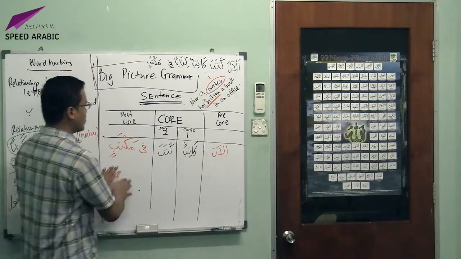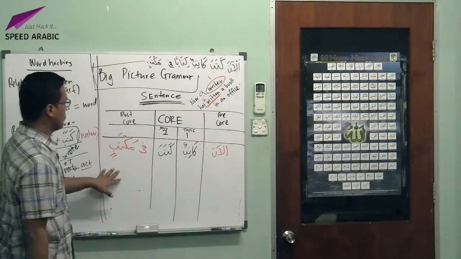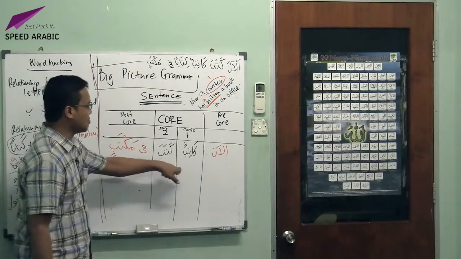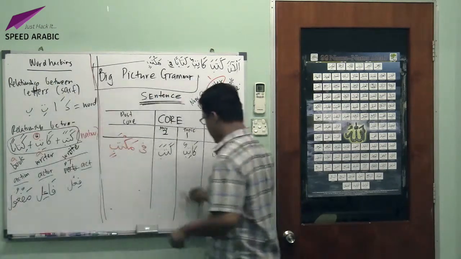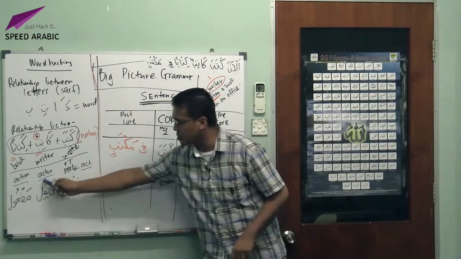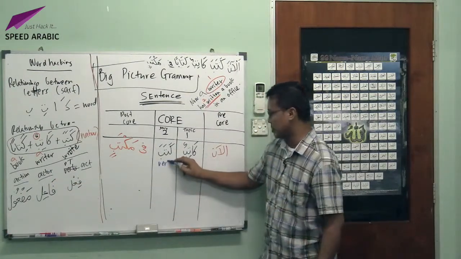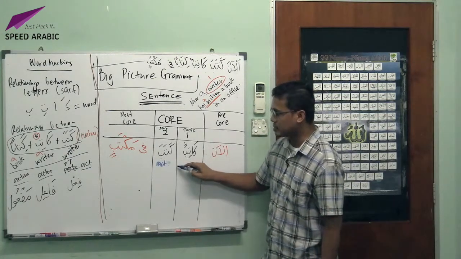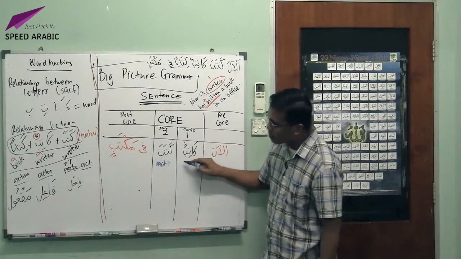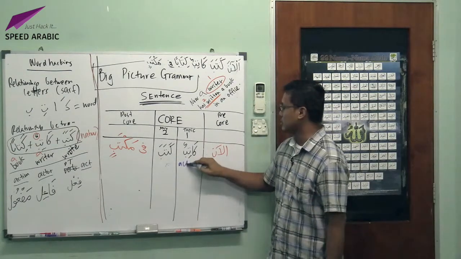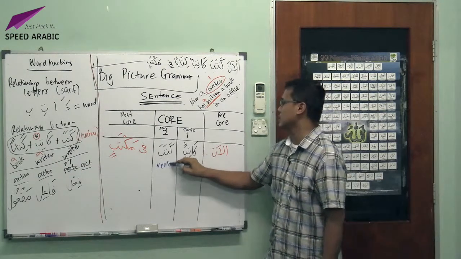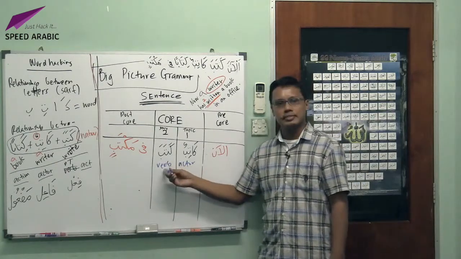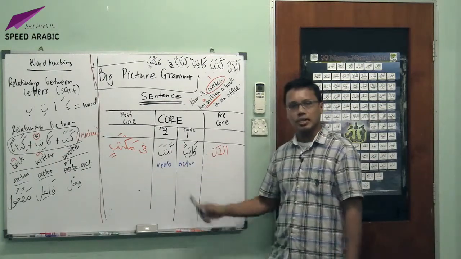So this is the actual structure of a sentence. You will find a pre-core, post-core, and a core, which here is the verb, the act, and the actor. This is the verb and the actor. So the verb always comes in the second core. The actor always comes in the first core.